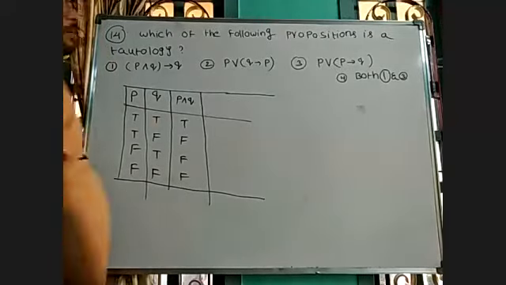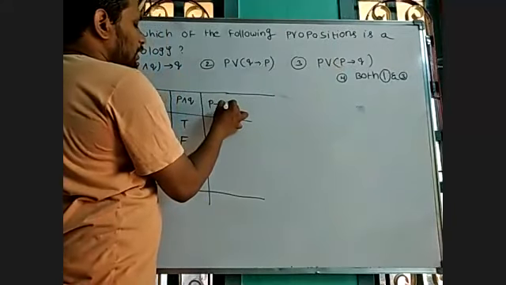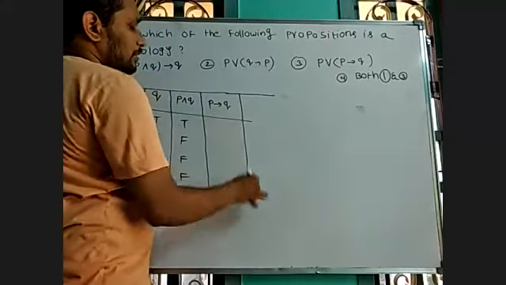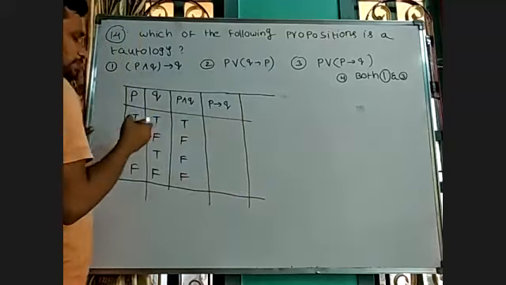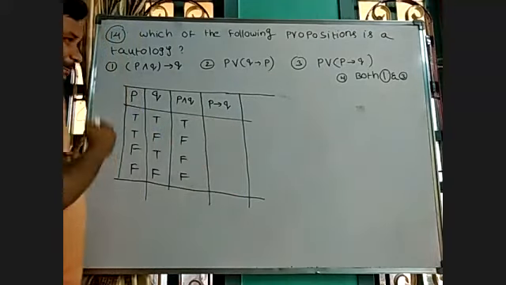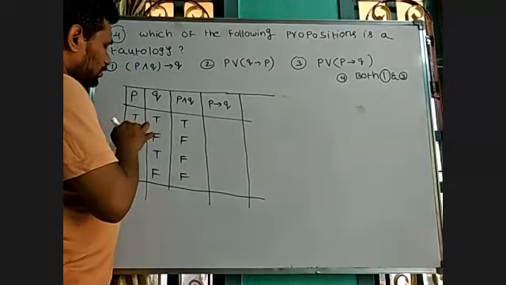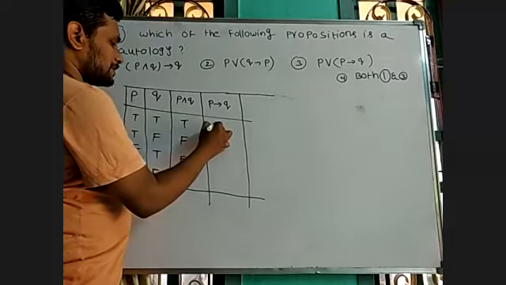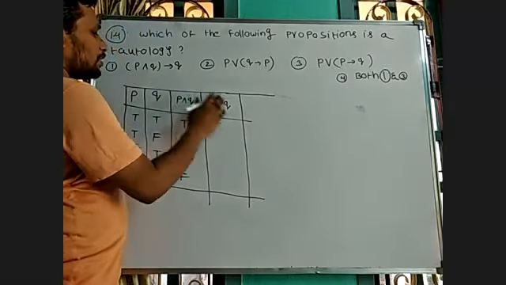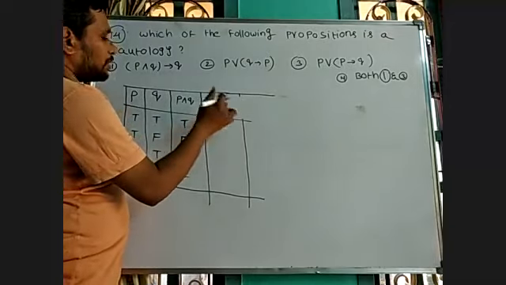Okay. Next, I'm solving this. P and Q, then implies Q. P then Q means true, true. What do we get? True, true. What is this value? True, true means this is okay. First solve option one, then after that we go to another option. It is very simple, like this.